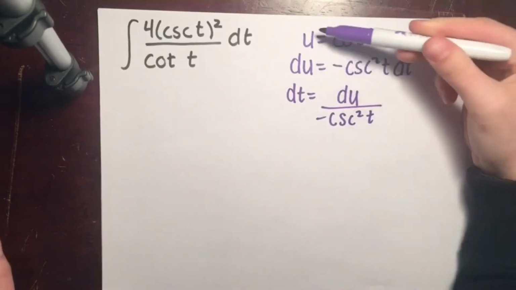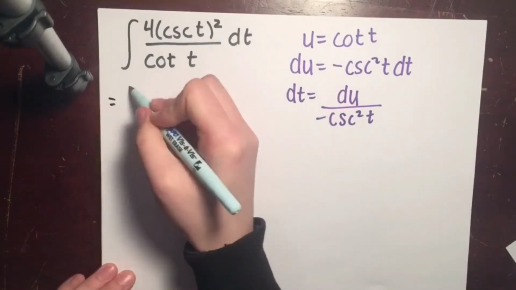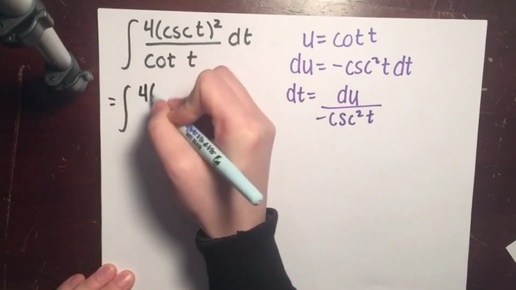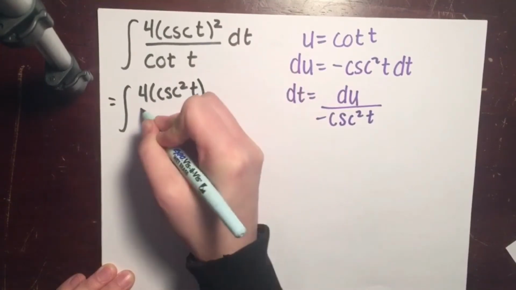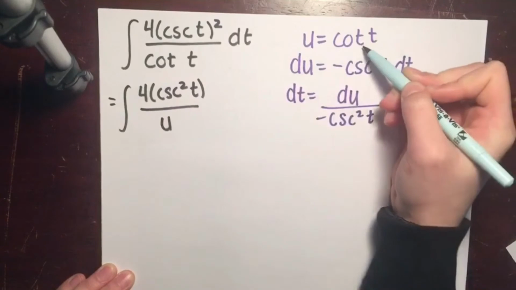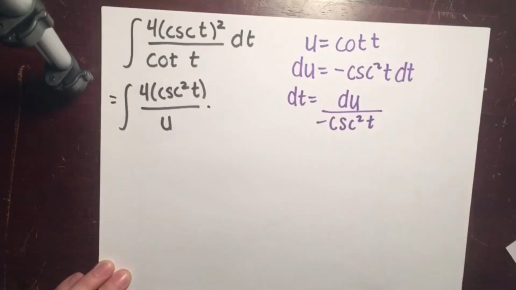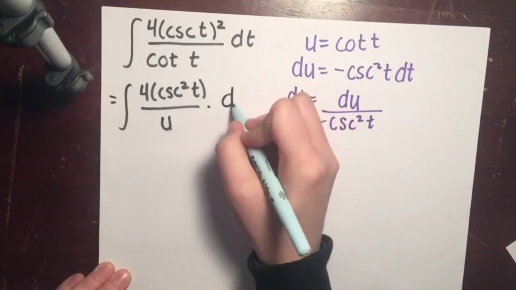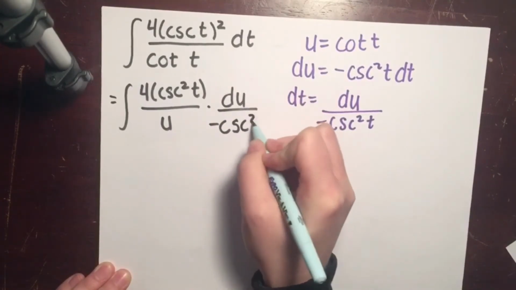And we're going to substitute du and dt back into our original integral. So we get the integral of 4 times cosecant squared of t over u, because we defined u as cotangent t, times dt, which we also defined as du over negative cosecant squared of t.